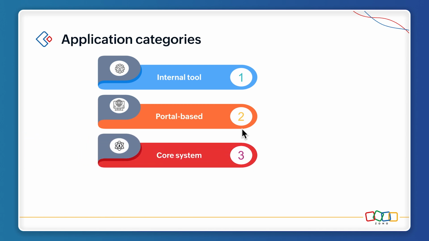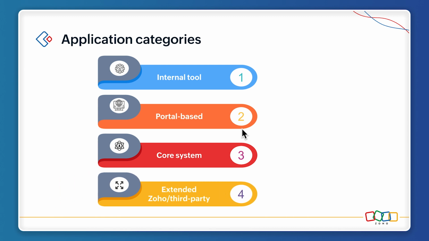And third is the core system. If I take an industry and I'm trying to automate many different processes of the industry within a single application, then those applications come under the category core system. And finally, extended Zoho or third party application. If I'm trying to integrate my Creator account with other third party services in order to push and pull data, then those applications come under the category extended Zoho or third party application. As I said before, every application we build on Creator falls under one of these categories, or it can be a combination of these categories.